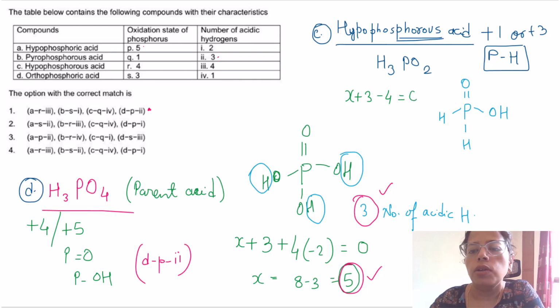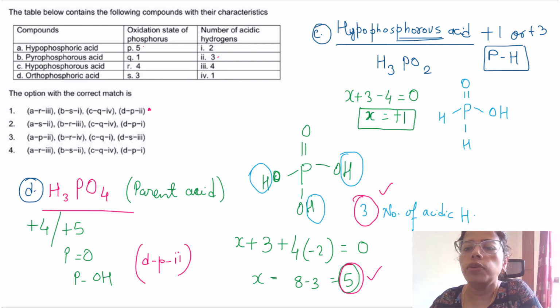Total charge is 0. So X becomes +1. So we have +1 oxidation state for phosphorus in hypophosphorus acid. And how many acidic hydrogens? Only the OH ones are acidic. So we have only one OH here. So only one acidic hydrogen.